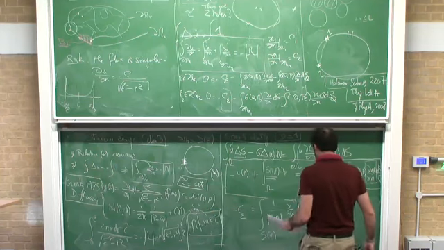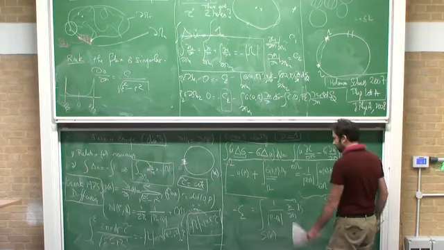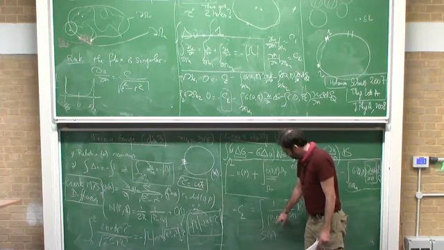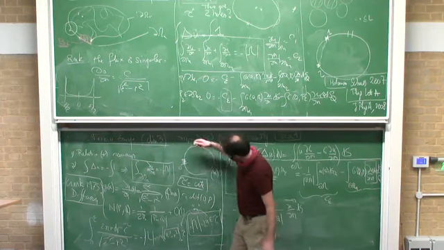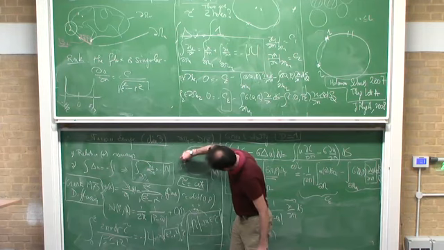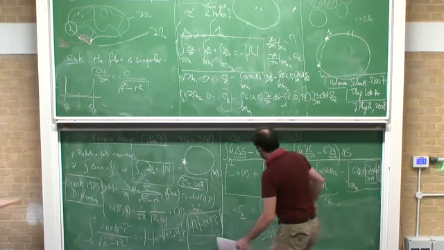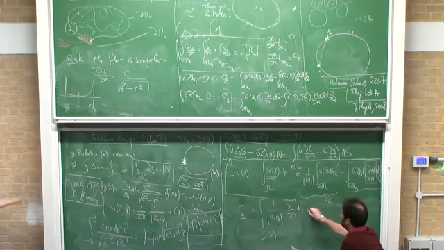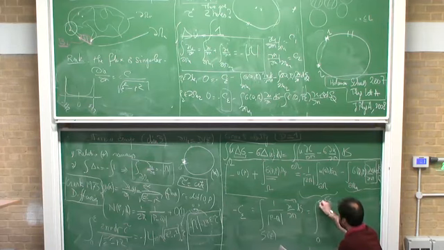Okay. And now, let's put that into here. Let's fix, let's say, one of the P or Q, let's say P, the center here. And so this is exactly the distance. So this is now the integral from 0 to epsilon.